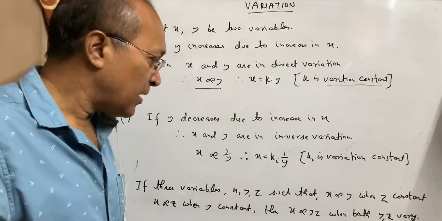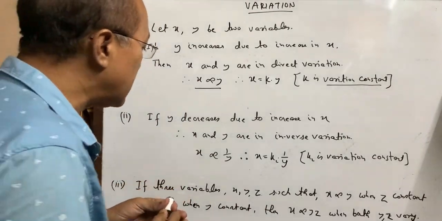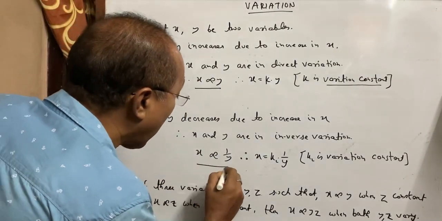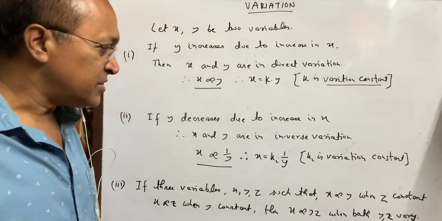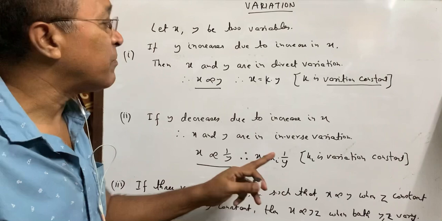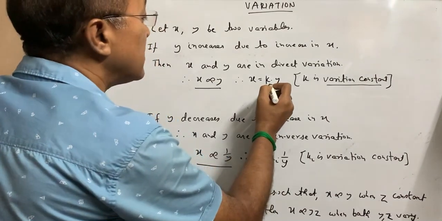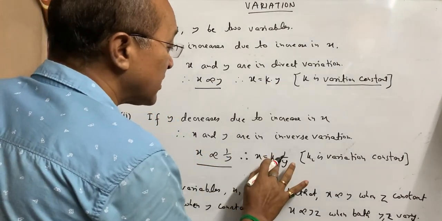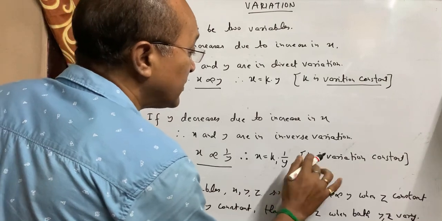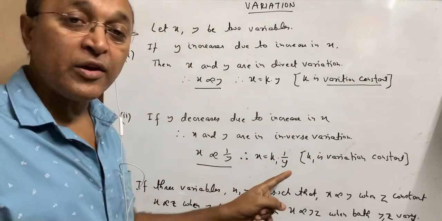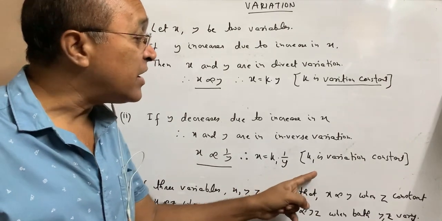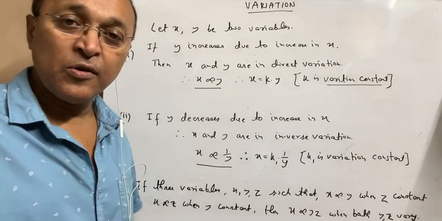Inverse variation means x proportional to 1 by y, that is x is equal to k1 into 1 by y, where k1 is the variation constant.